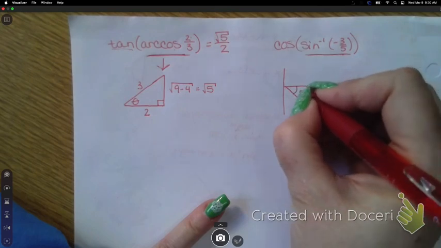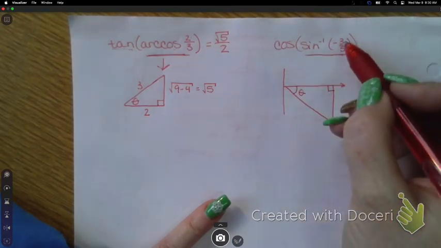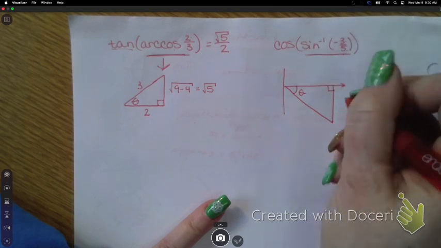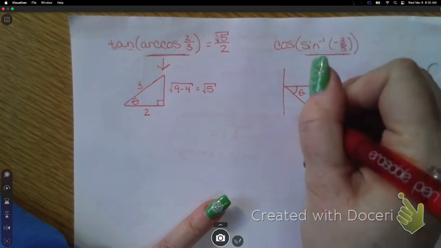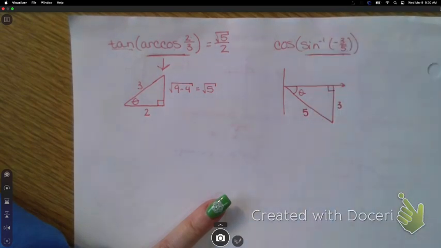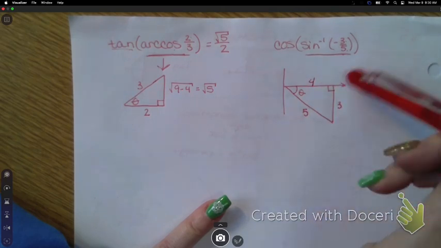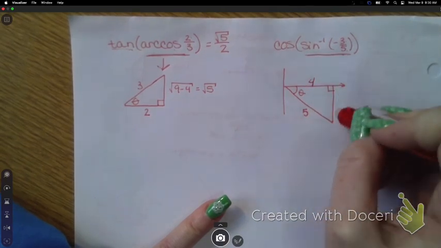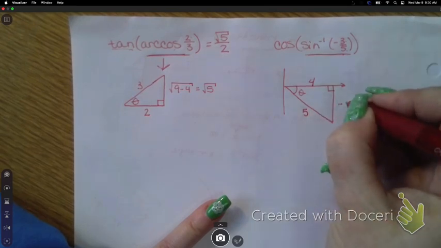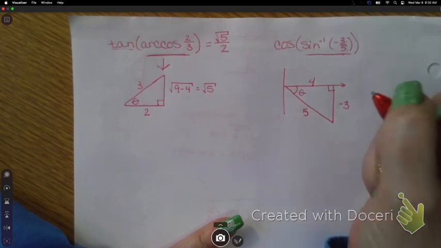So here's my theta. Sine is opposite over hypotenuse. The other side is already 4. Why does the negative go on the 3 and not the 5? Because the hypotenuse is a distance and it cannot be negative, and you are in the fourth quadrant, so y is negative.